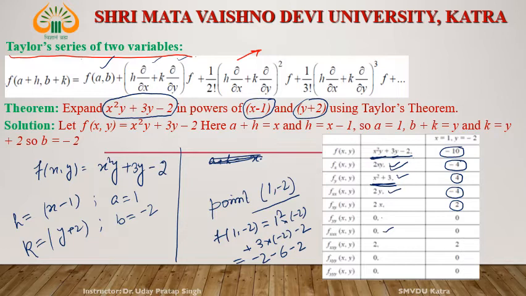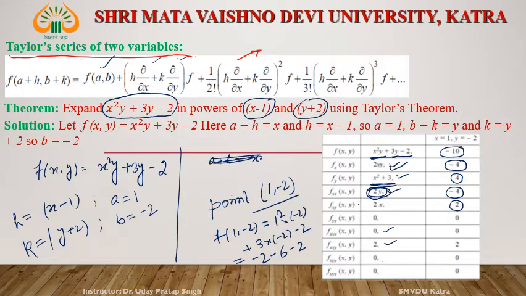Now ∂³f/∂x²∂y, differentiating ∂²f/∂x² with respect to y. What is ∂²f/∂x²? 2y. Again differentiating this with respect to y, that is 2. The value of this at the point 1 and minus 2 is 2. Okay, similarly ∂³f/∂x∂y² is 0 and ∂³f/∂y³ is 0.